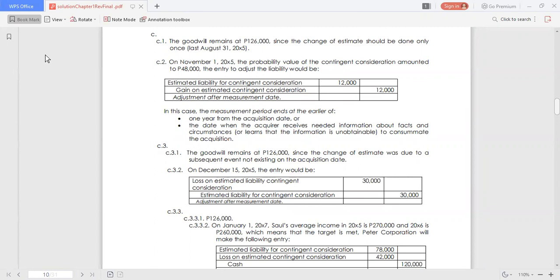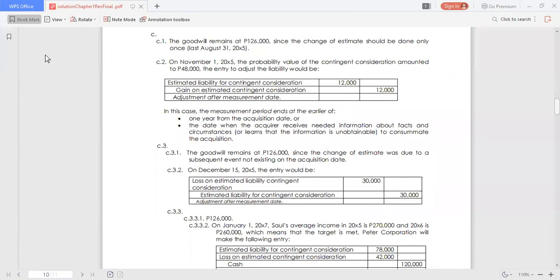In this case, the measurement period ends at the earlier of 1 year from the acquisition date or the date when the acquirer receives needed information about facts and circumstances or learns that the information is unobtainable to consummate the acquisition. Now in C1, determine the amount of goodwill.